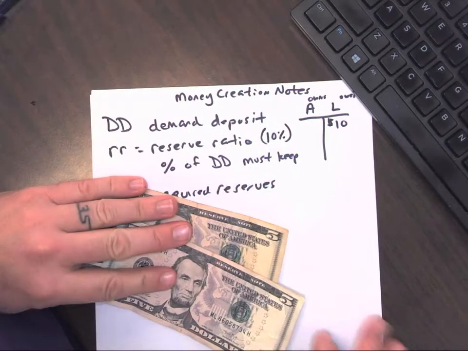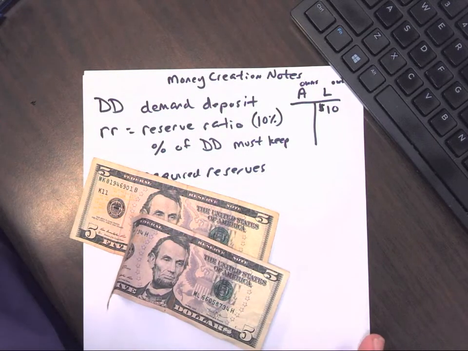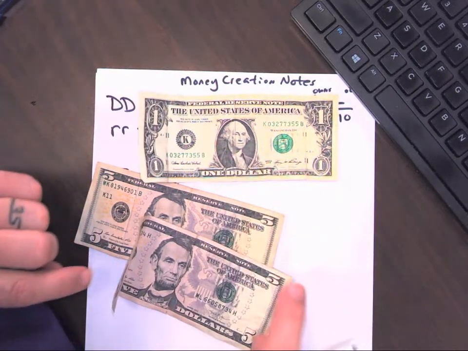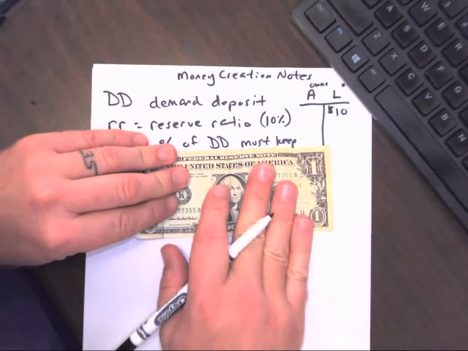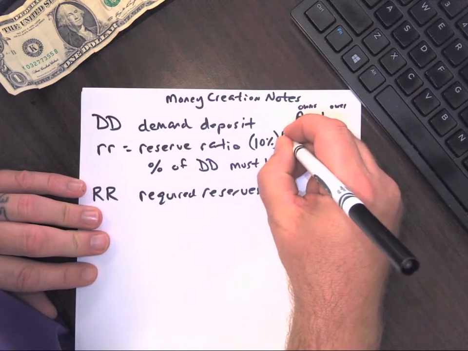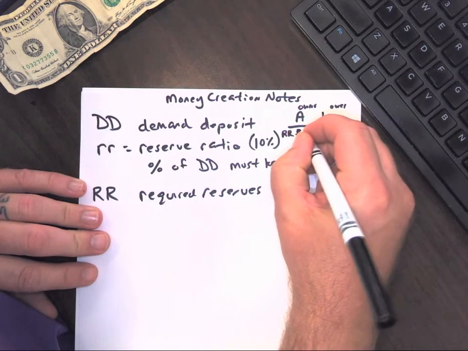So if I got my $10 deposit, and there's a reserve ratio of 10%, that bank has to keep 10% of my 10 bucks. So my 10 bucks is deposited, the bank has to keep $1, right? So they have their required reserves of my dollar.